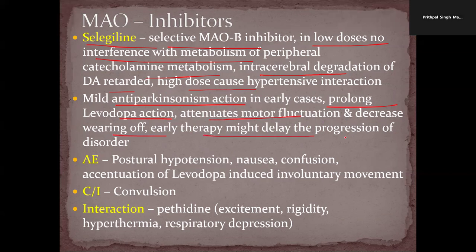The adverse effects are postural hypotension, nausea, confusion, and accentuation of the dopaminergic effects. It is contraindicated with meperidine, and it should not be given with SSRIs, which causes serotonin syndrome with excitement, rigidity, hypertension, and depression.